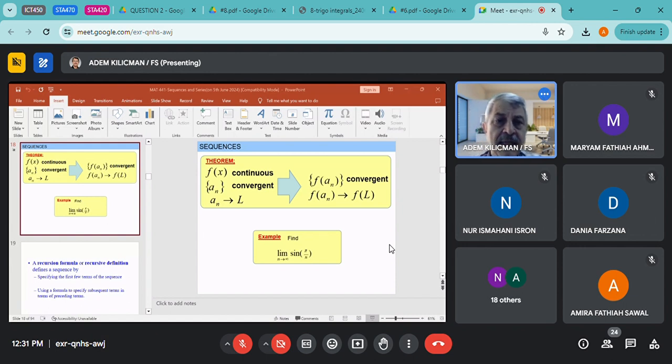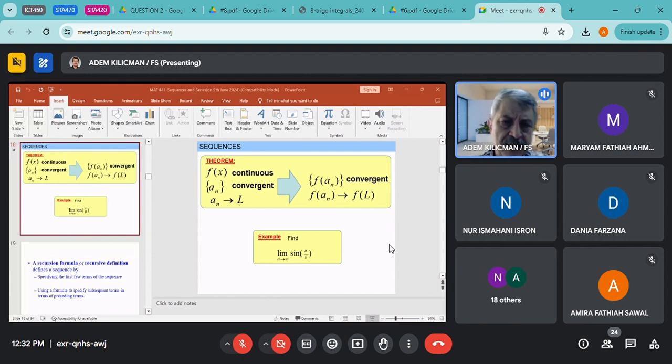Okay, never mind. Now I will ask you to provide those answers, and you can submit to my email. Write the first 5 terms of each sequence in explicit form. Explicit form, what does that mean? Meaning that try to find the A1, A2, A3, A4, and A5.